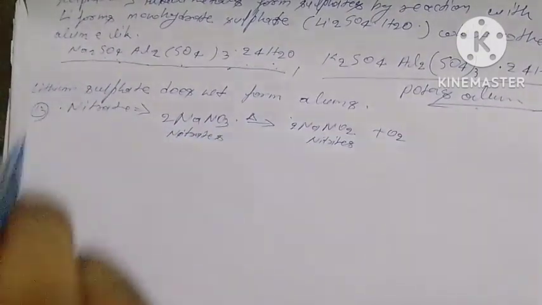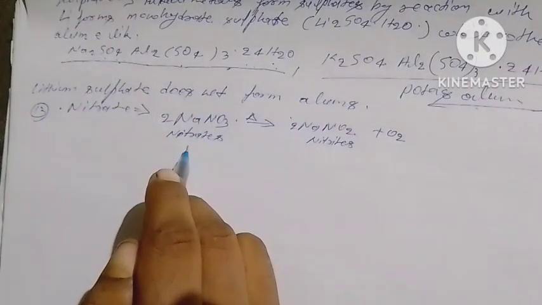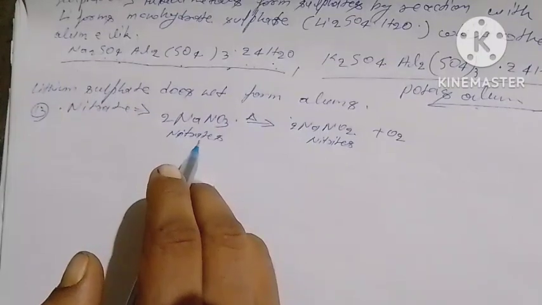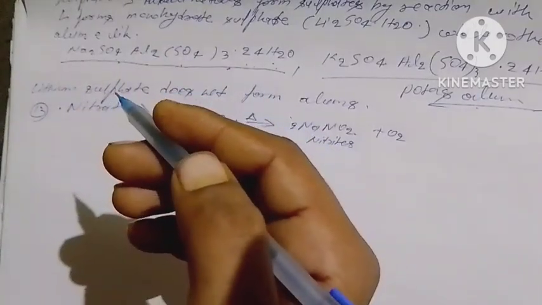Okay. So all nitrates of alkali metals are soluble in water. Alkali metal nitrates are decomposed on heating, giving nitrites and oxygen.